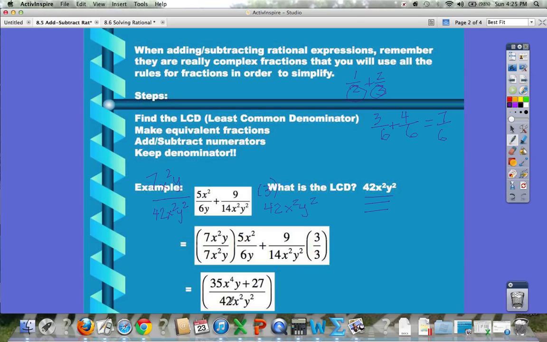Now, if there was something in common between all of these big numbers, you would take that out, but there's nothing in common between 35, 27, and 42. There's no letters in common, so there's nothing that you can take out or simplify. So this is our answer.